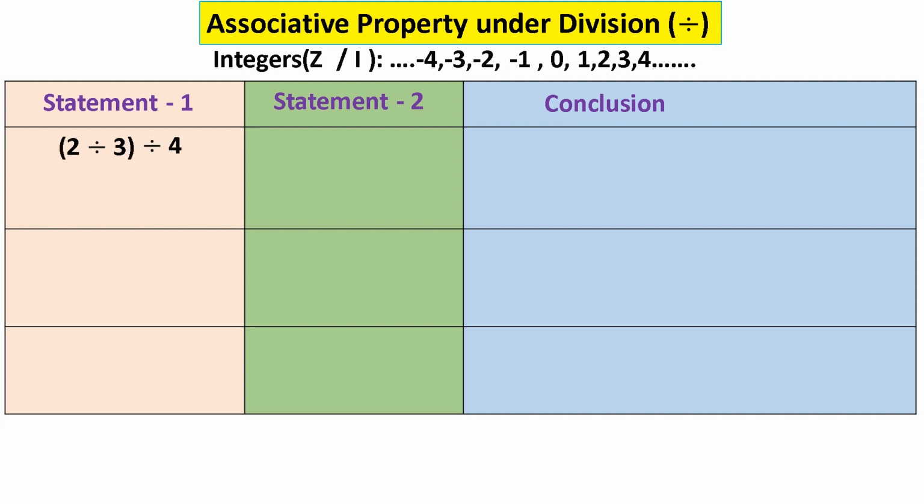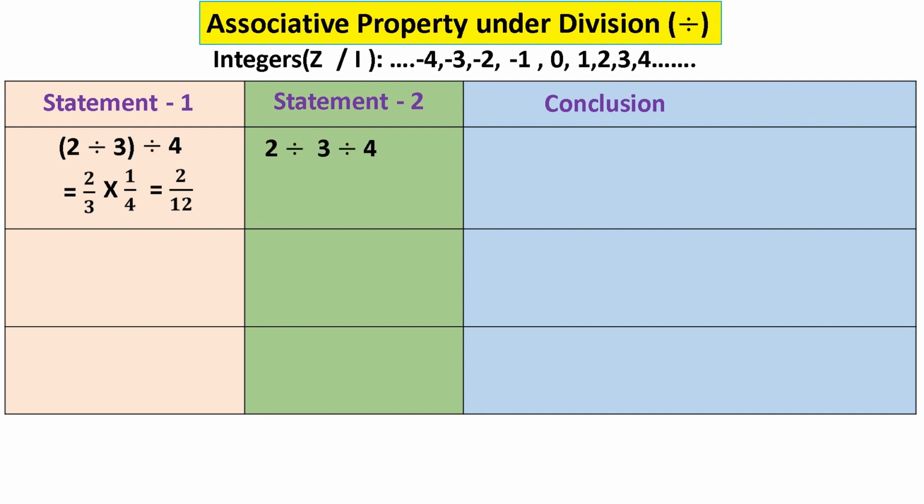First we do 2 divided by 3, which is 2 by 3. Second, we write the reciprocal of 4 in division. So 2 by 3 into 1 by 4. We will get 2 by 12.